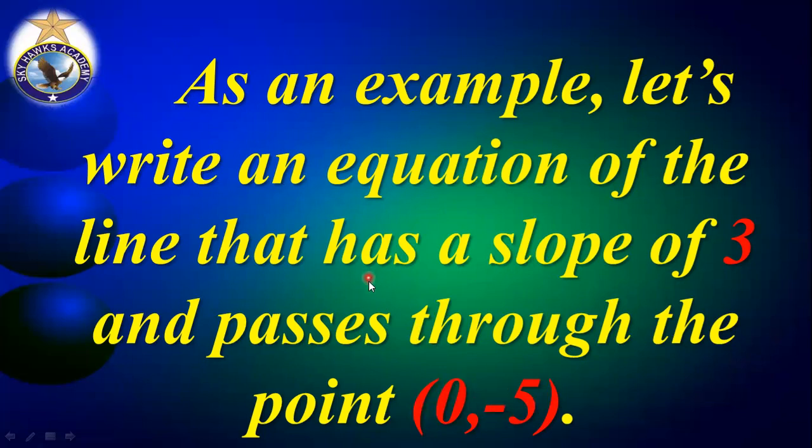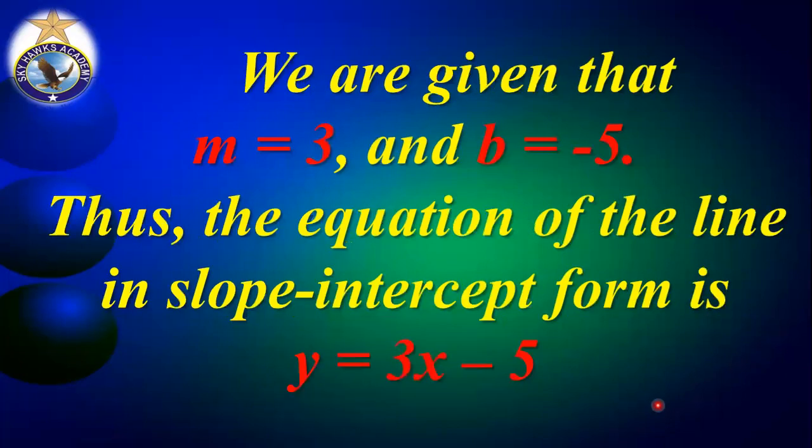How can you write the equation of the line when the slope is given? y equals 3x minus 5. Because we are given that m is 3 and b is minus 5. Thus the equation of the line in slope intercept form is y equals 3x minus 5.